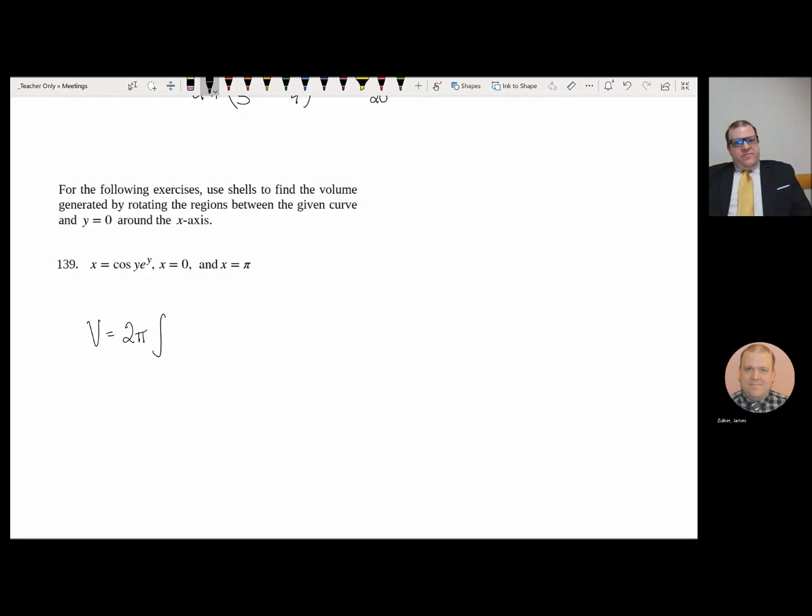I'm going to interpret that what they meant there was cosine of y and all that times e to the y, even though it's not actually what that says. How'd you get -1 to 1? Right, but it's not just cosine, is it?